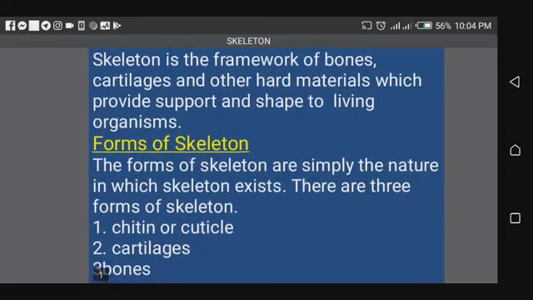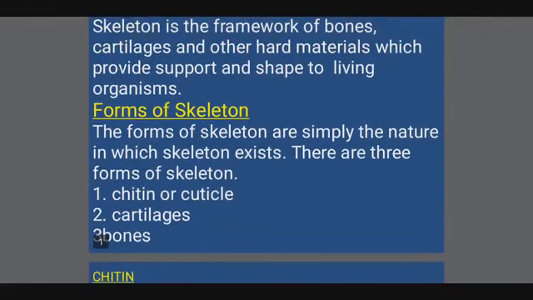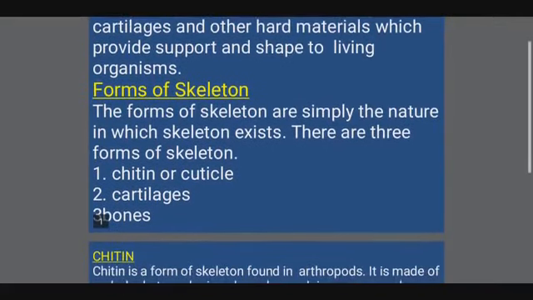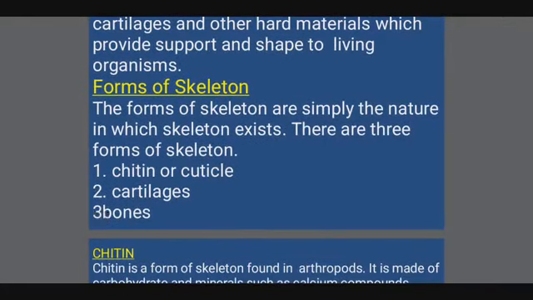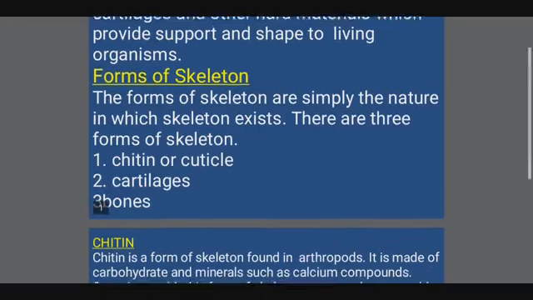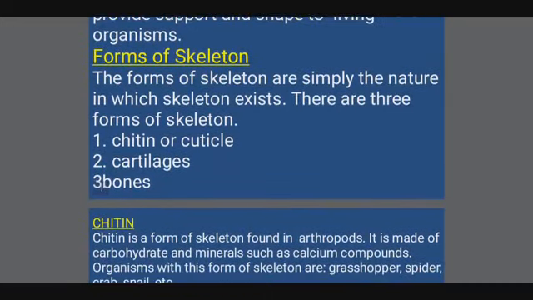So, these materials that provide support to living organisms are what we refer to as skeleton. It could be bone, it could be in the form of cartilage, it could be in the form of any other hard material.